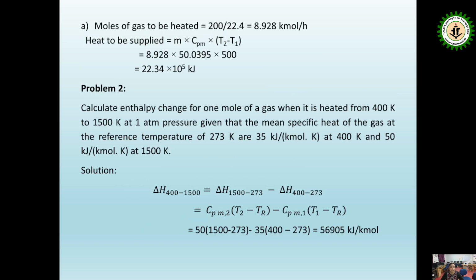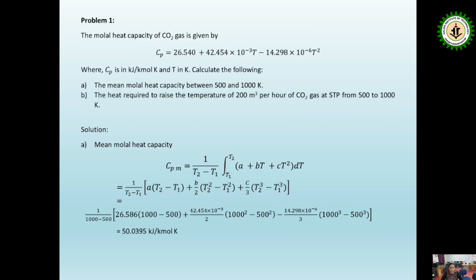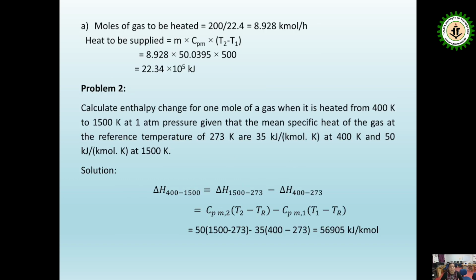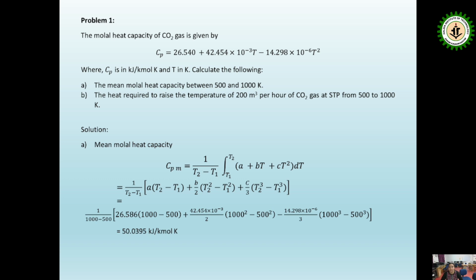Now the second part, you have to find out the heat required to raise the temperature of the 200 meter cube per hour carbon dioxide gas. Now the volumetric flow rate is given, carbon dioxide volumetric flow rate is given, and it is at STP.